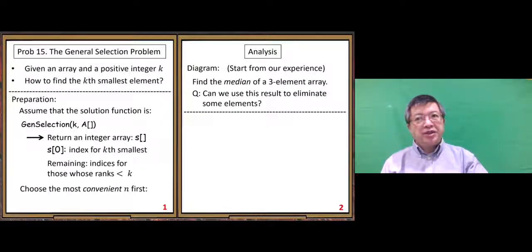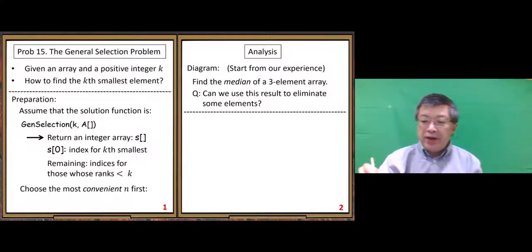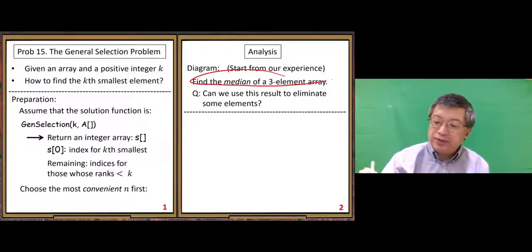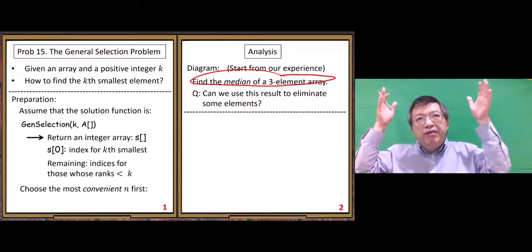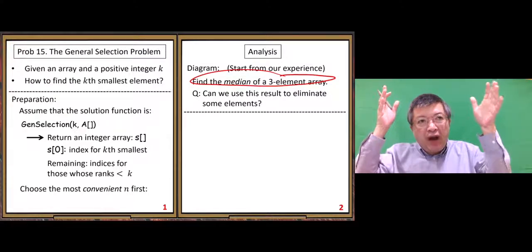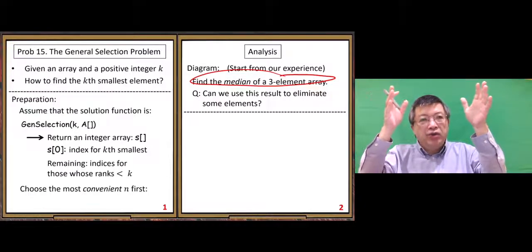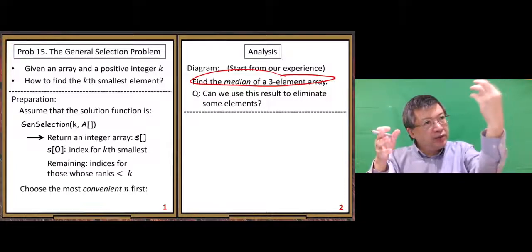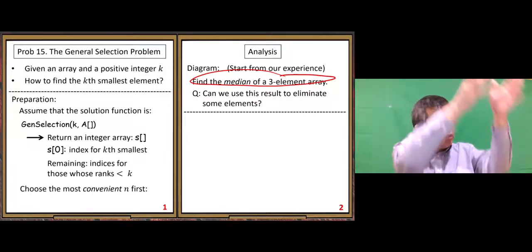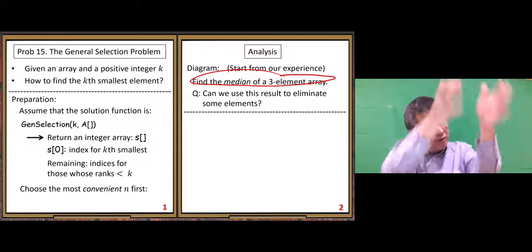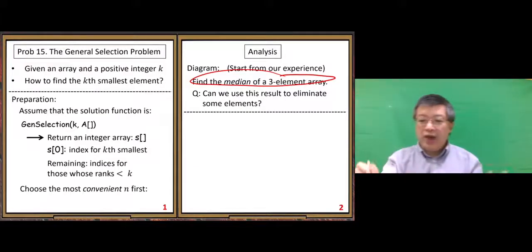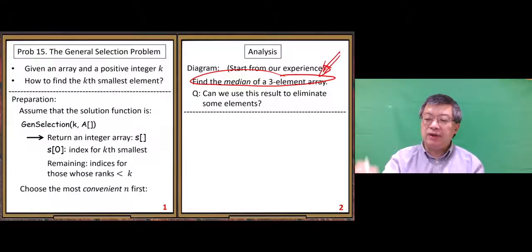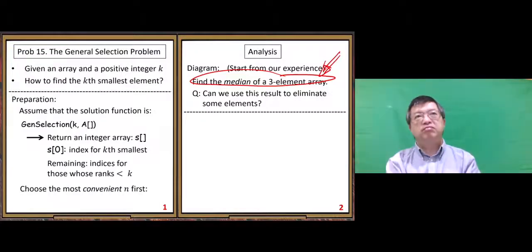Because in order to use this result, how do we use it? We divide all the elements in the original array into 3-element groups. Each group has 3 elements, so we have many 3-element groups. Then we can apply the result of this simple, easy problem.